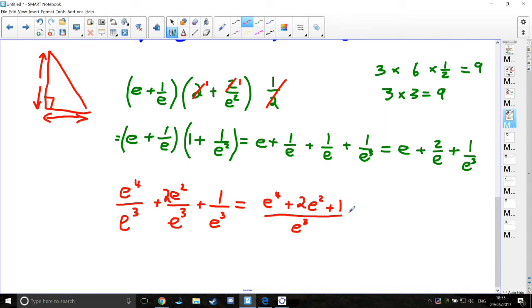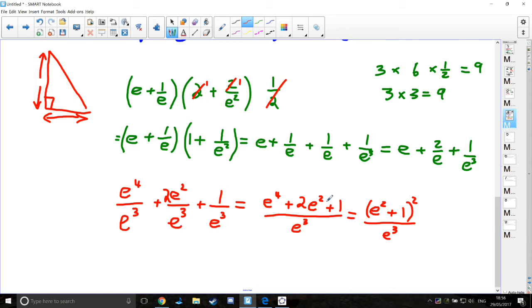So this is actually e squared plus 1, all squared, over e cubed.